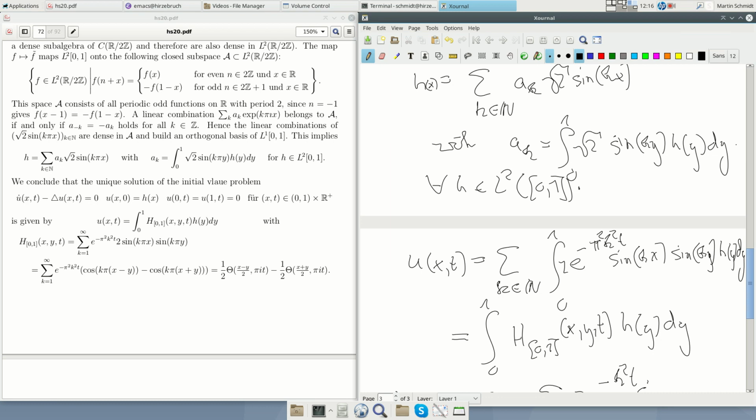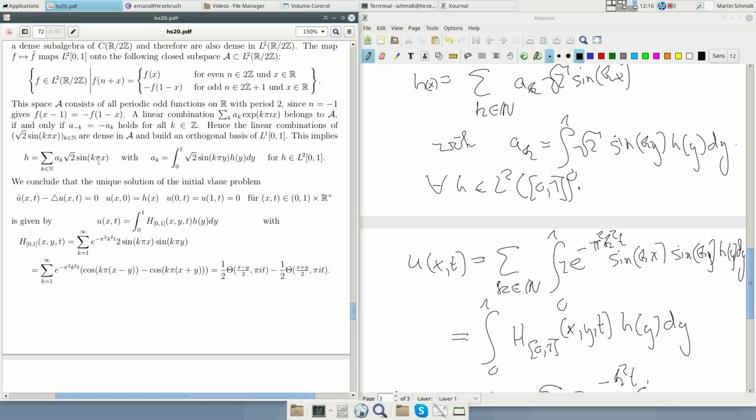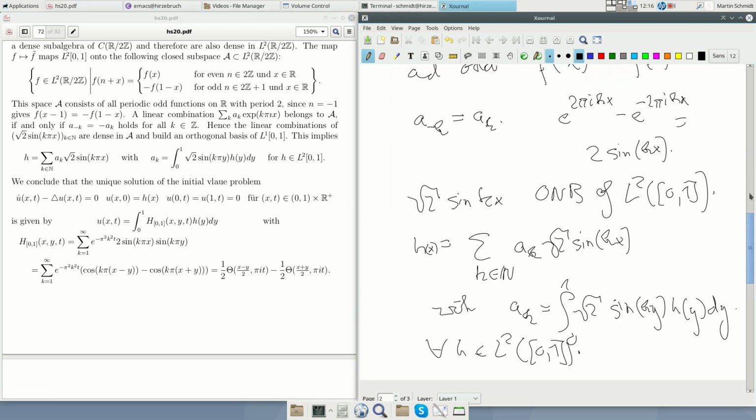Okay, I have corrected here. There are missing pi's, and of course here in our notes there are also missing pi's. Yeah, all here we need a pi.